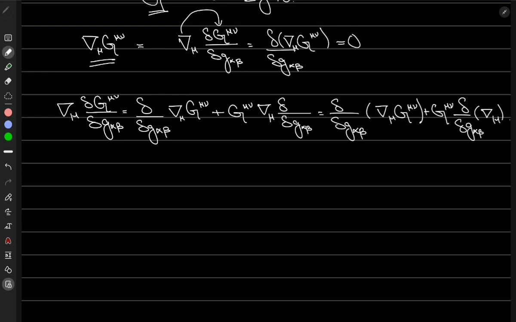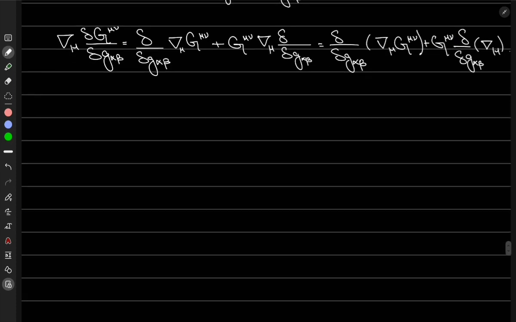Okay, all right, so now what we're going to do is we'll use the fact that the variation of the metric tensor vanishes at the boundary of space-time. So I'm going to write this down as well.